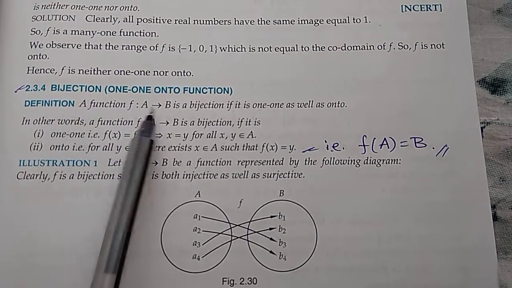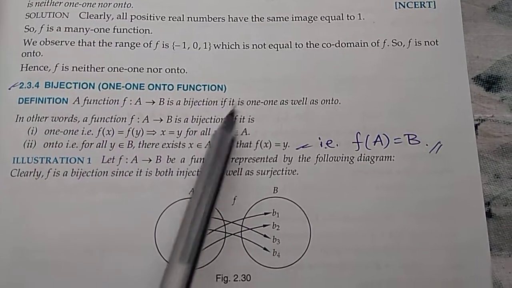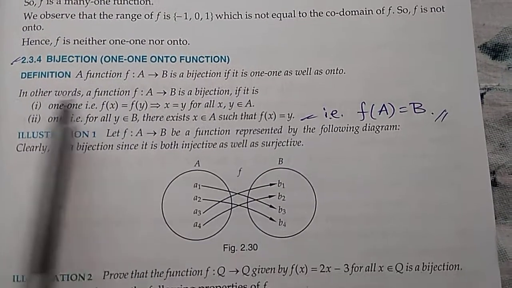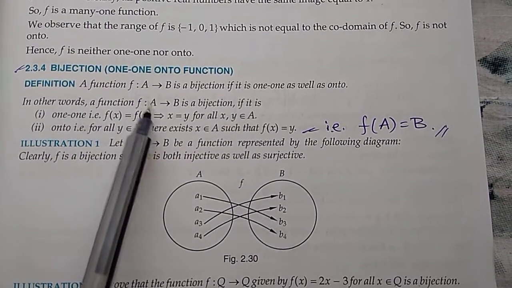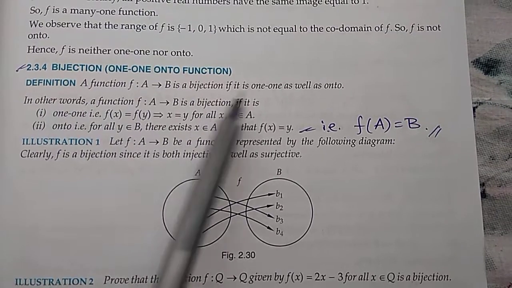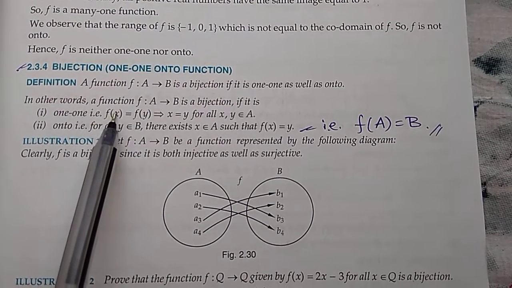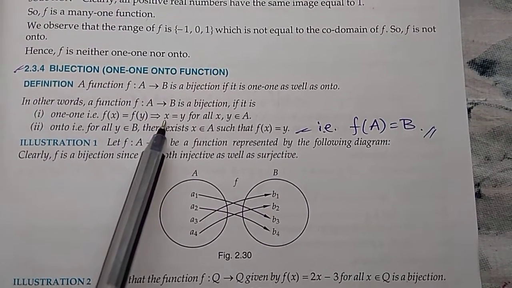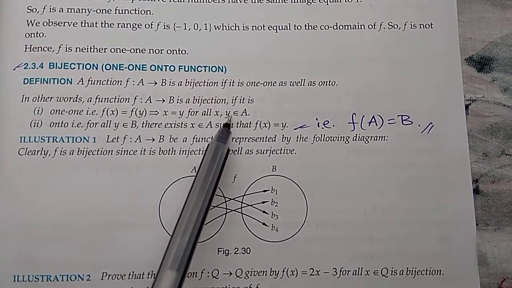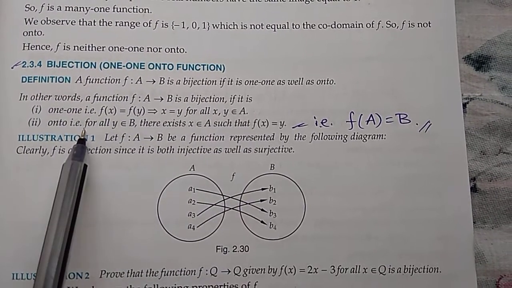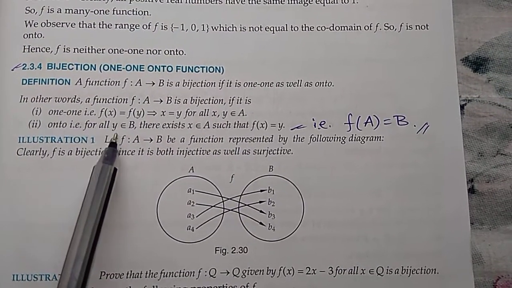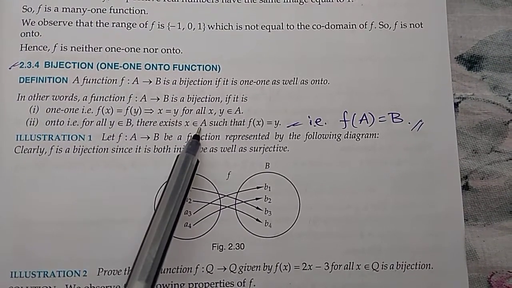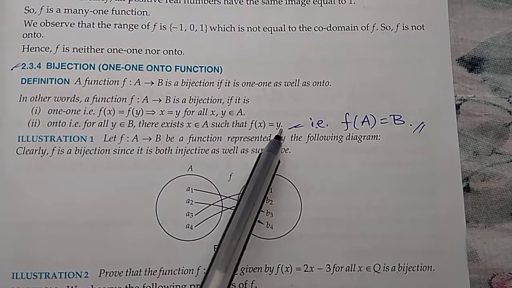That is, firstly it is one-one, that is, if f(x) is equal to f(y), then x is equal to y for all x, y belonging to A. And secondly, for all y belonging to B, there exists an element x belonging to A such that f(x) is equal to y.